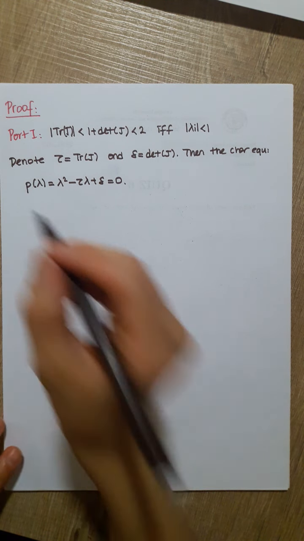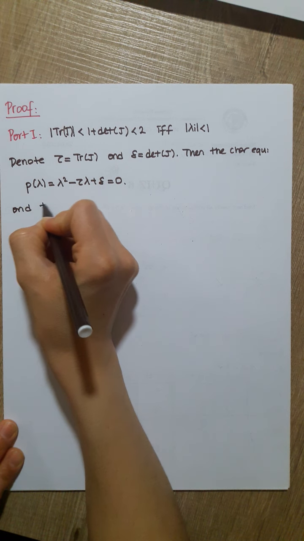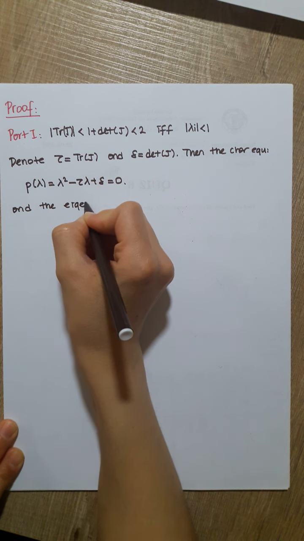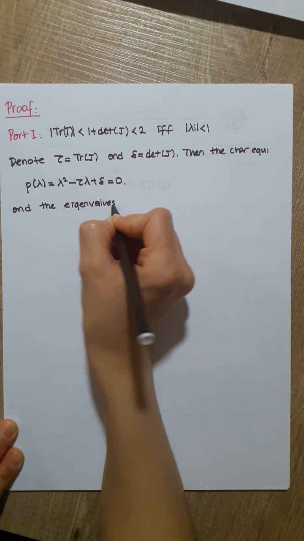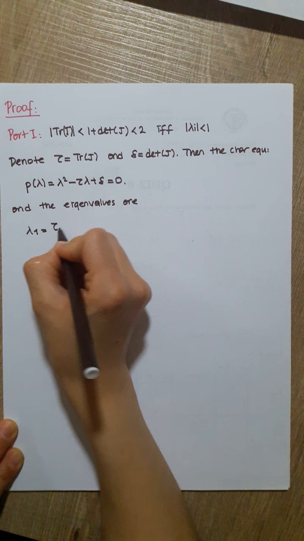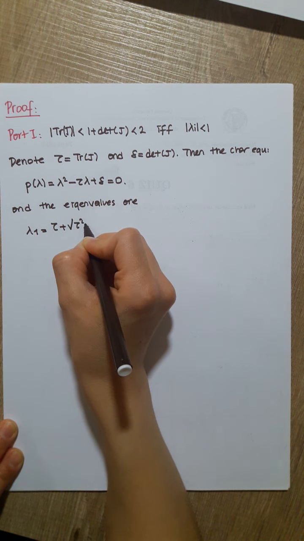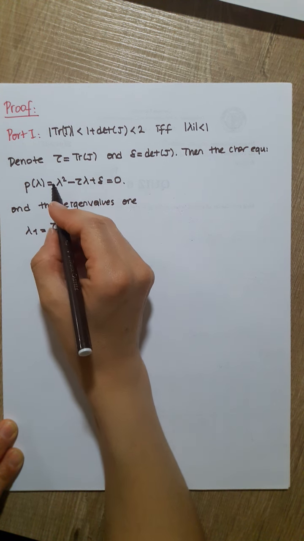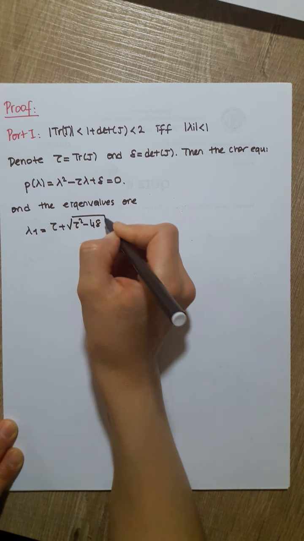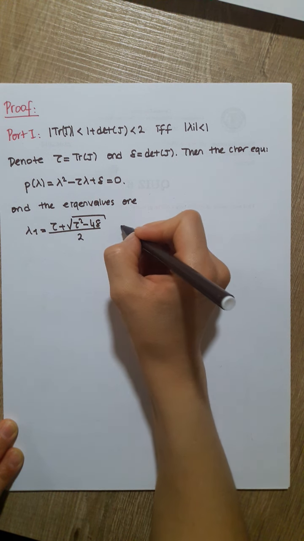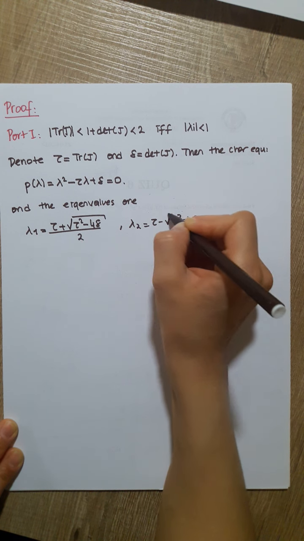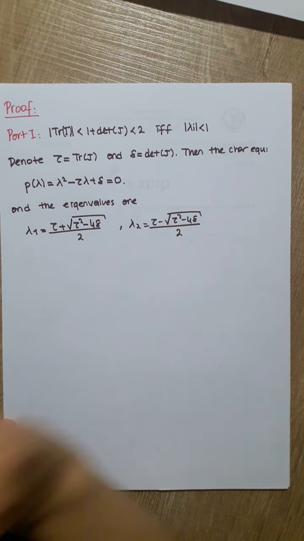And the eigenvalues are roots of P lambda: lambda 1 equals tau plus square root of tau squared minus 4 delta over 2. Lambda 2 is tau minus square root of tau squared minus 4 delta over 2. Okay.